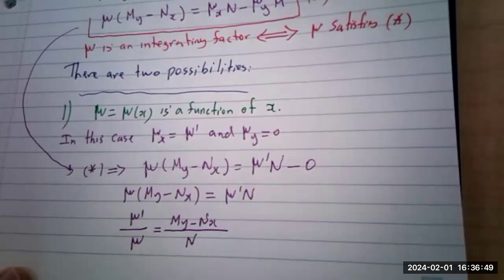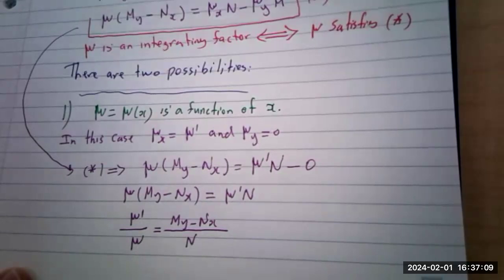You see, it's a separable variable. But the thing is, the function to the left is only a function of x. So the function to the right is also going to be a function of x. This is the way we check it. When the equation is given to you, you check the M sub y and the N sub x. If they are the same, it's exact.